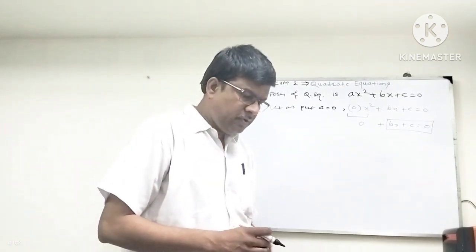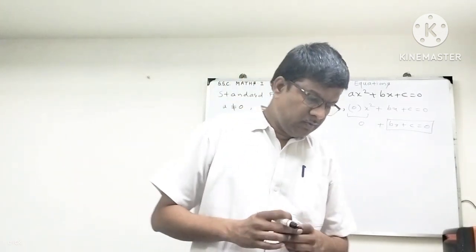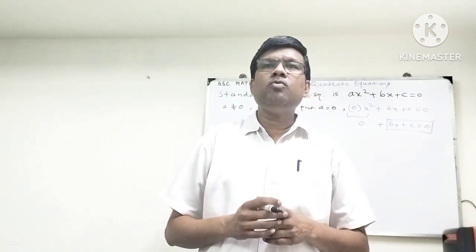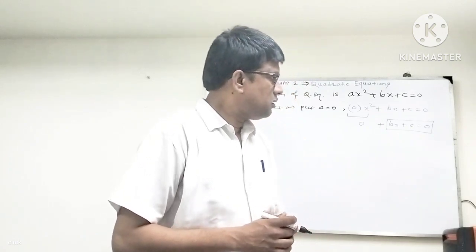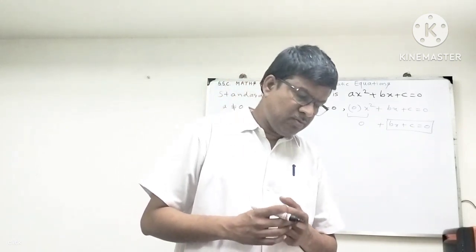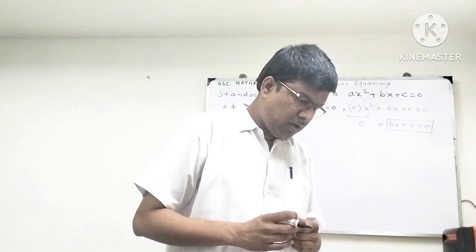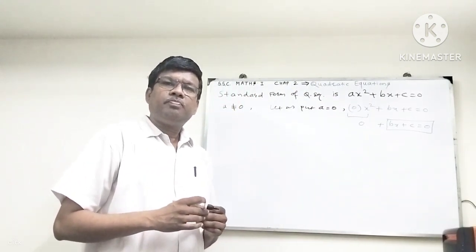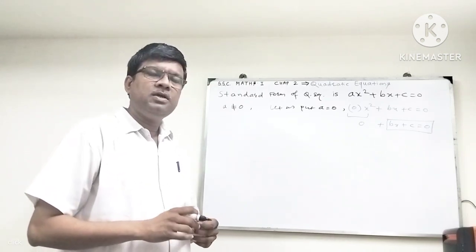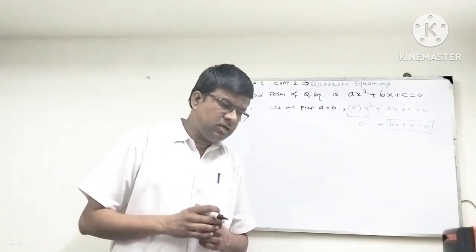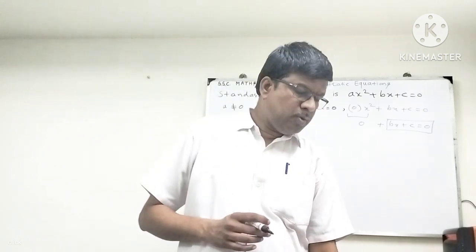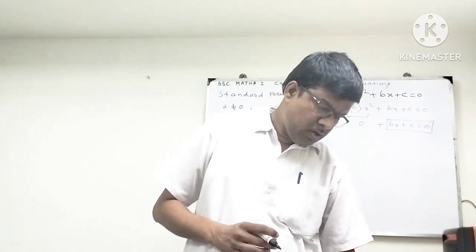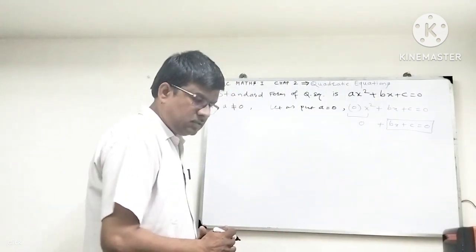Then what is the definition, or how will we say it is a quadratic equation? There are two conditions, of course. The equation involving one variable and the index 2, which is the maximum index of that variable, is called a quadratic equation. From the examination point of view, you are asked to classify the equation as a linear equation and quadratic equation, or some equations will be provided to you and you have to sort out which are quadratic equations.